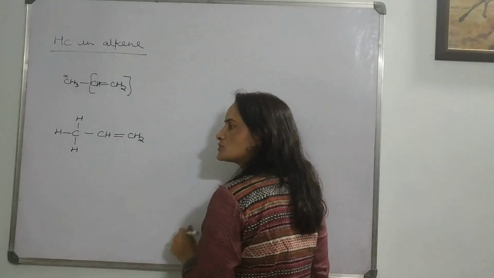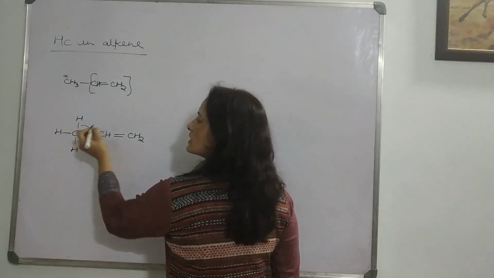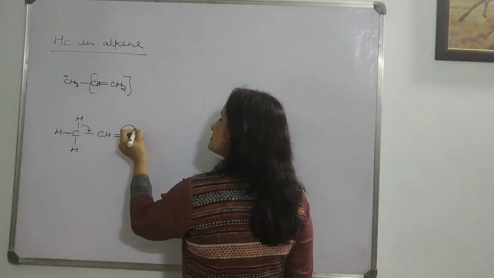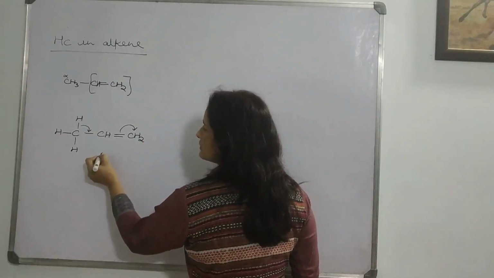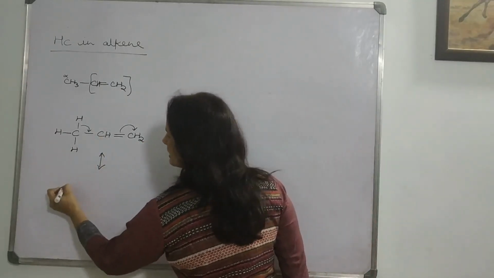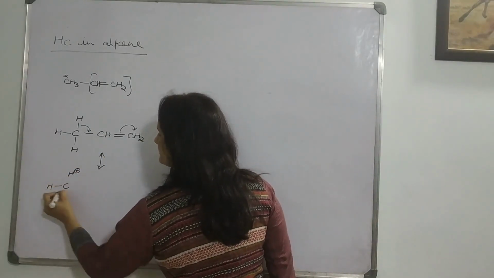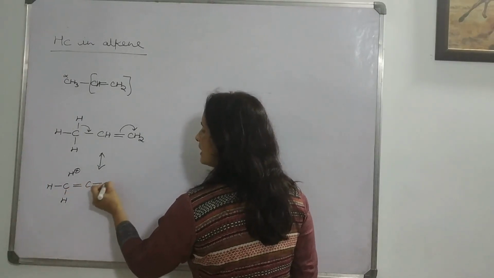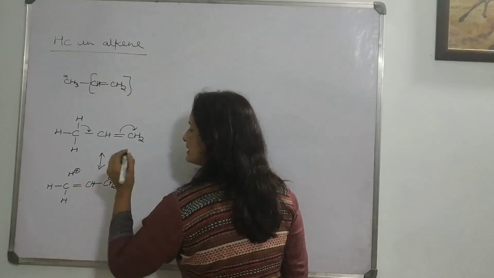How will the hyperconjugation run? It will run the same as in the carbocation. This sigma bond will shift to the pi, and this bond will be shifted here. So what will be the next hyperconjugated structure? The next structure will be this. This hydrogen will lie without a bond, two hydrogens like that, and after the bond shifting, this carbon will be negative.